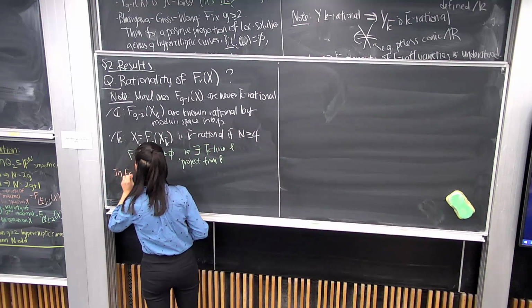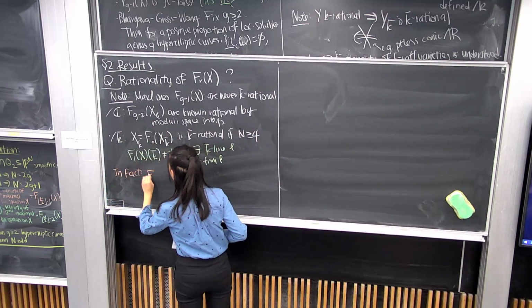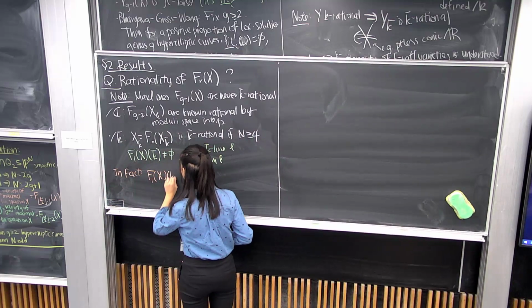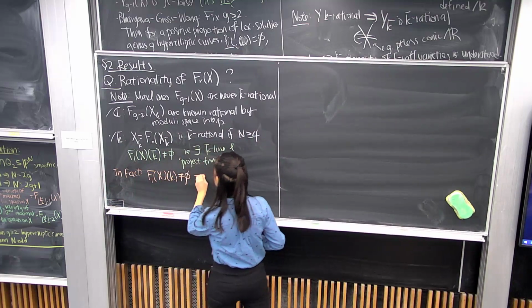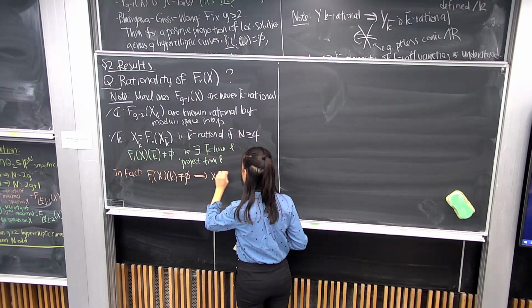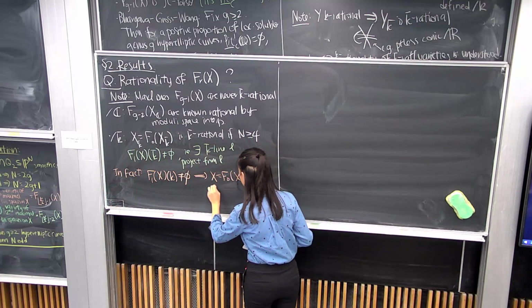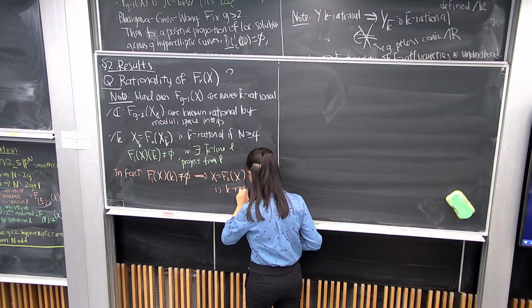More generally, over any field K, whenever you have a K point on this variety of lines, F0 of X is K rational by the same projection construction.